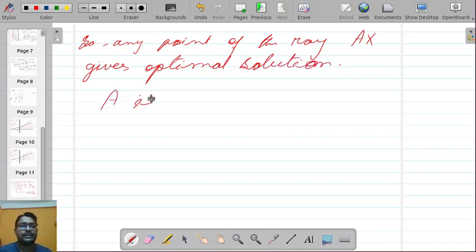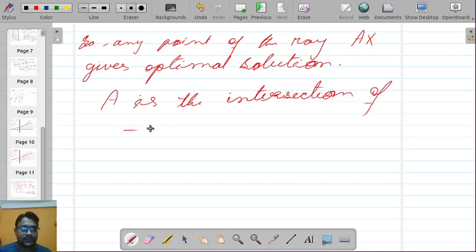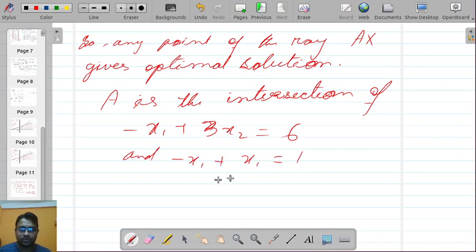Let us find out what the point A is. A is the intersection of two lines. One is minus x1 plus 3x2 equal to 6, and the other one is minus x1 plus x2 equal to 1, right?